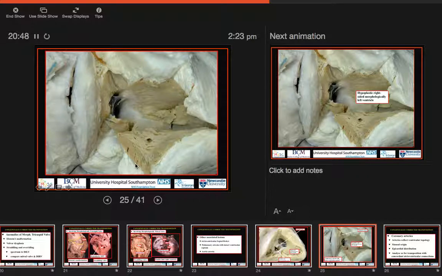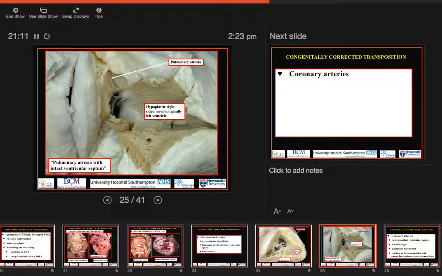We can have pulmonary atresia with intact ventricular septum, but now the pulmonary trunk is arising from the morphologically left ventricle, and it is the right-sided morphologically left ventricle that is thick-walled and shows obliteration of the components of its cavity in association here with pulmonary atresia.